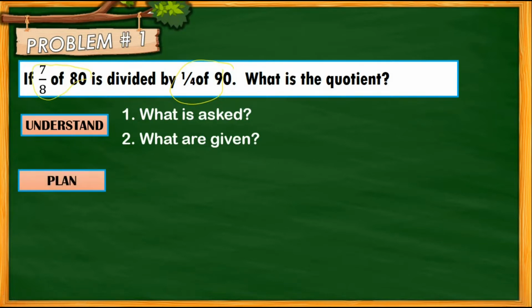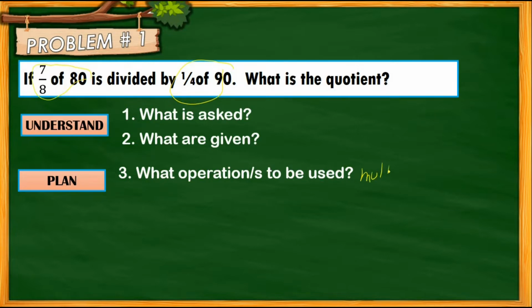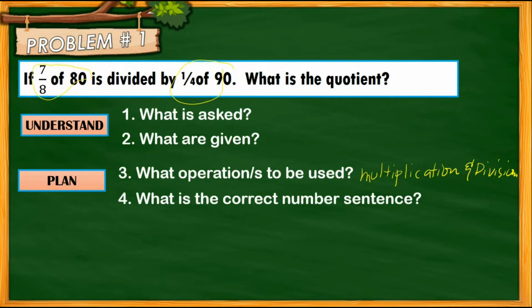And then, we're going to plan what operation to be used. The operation would be multiplication and division. And what is the correct number sentence?